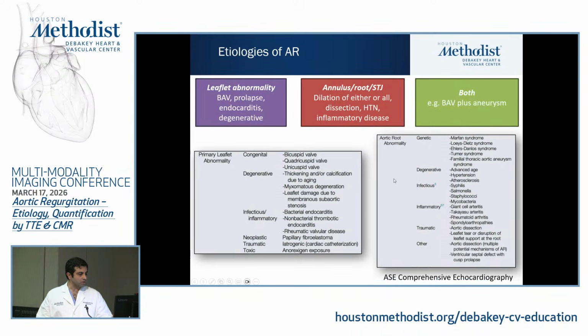So there's a long list of causes of AR. The big categories are a leaflet issue, so people with bicuspid valve, endocarditis, degenerative disease, like I mentioned. A big category of dilation of the aorta, either one of the components or multiple of them. And you can have also things like dissection and inflammatory conditions like aortitis, etc. And then you can have both. We see a lot of these patients, so you should always consider this.